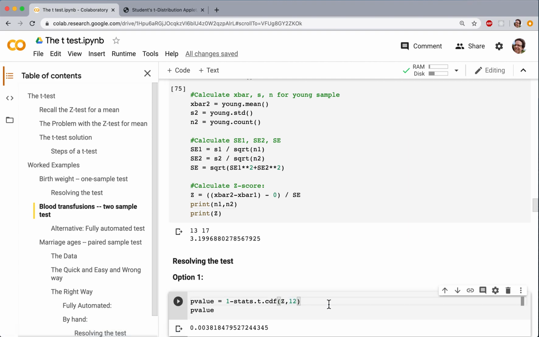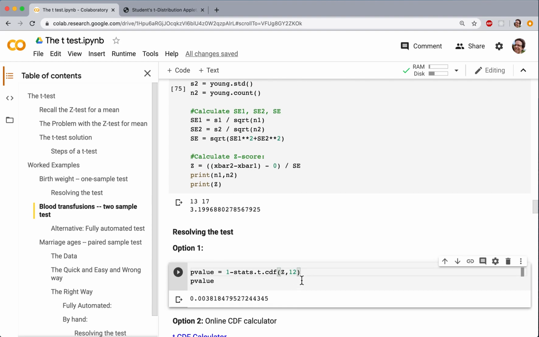Well, it's a good way of estimating the true degrees of freedom. It's not the exactly perfect formula, but it's close enough for a 100 level class, and that's what we're going to do. So we're going to plug in 12 here, because it's 1 less than 13, and 13 is the lesser of these sample sizes. So that's why I'm choosing 12.